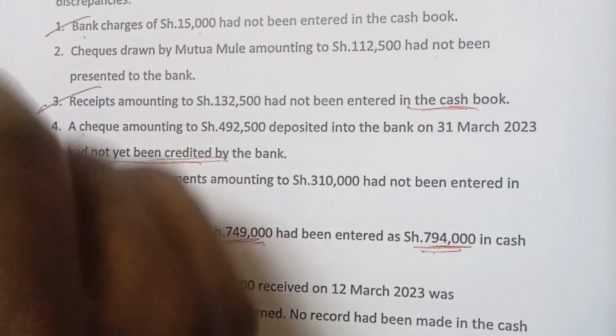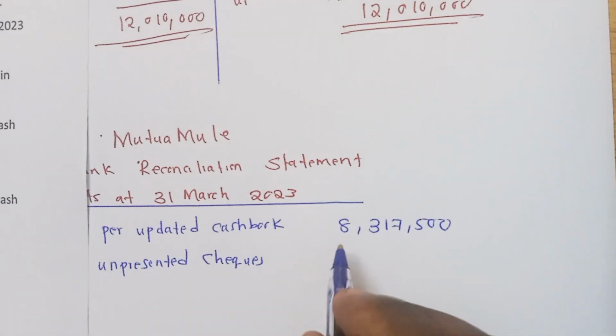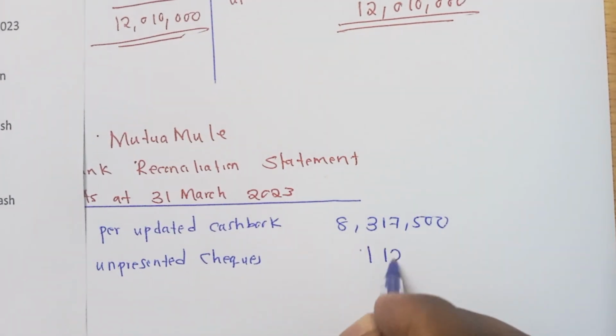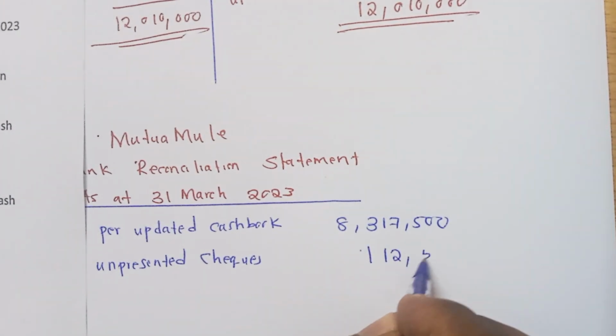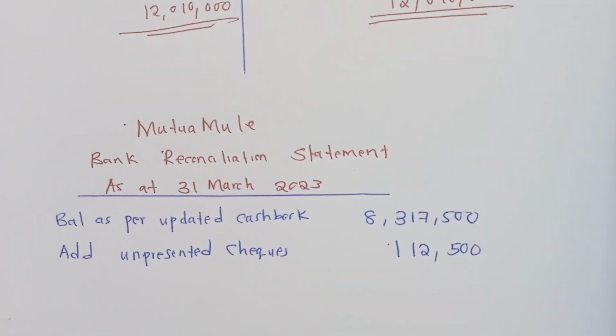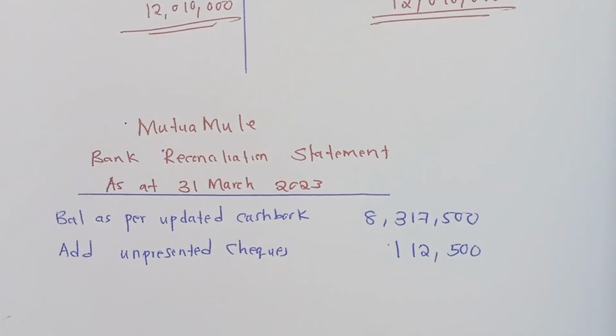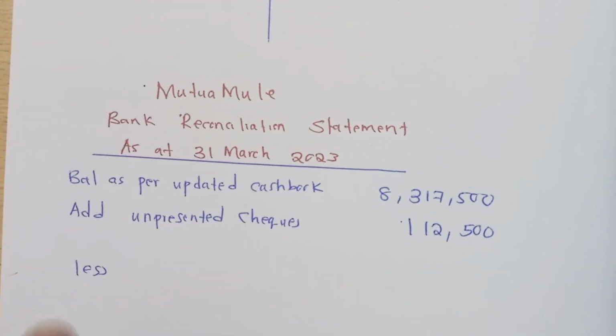So these are unpresented checks, and we write that amount. Because we don't have errors that increase the bank balance, we need to less uncredited checks.